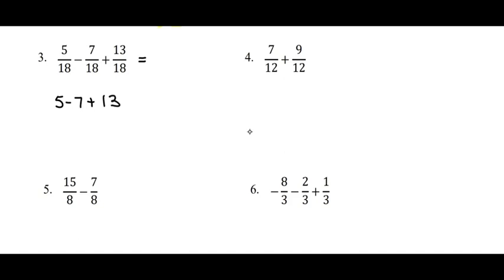So 5 minus 7 means 5 plus negative 7 plus 13. So you will have negative 2 plus 13 will give you 11. Okay, so you have 11 in the numerator and you have 18 in the denominator. 11 and 18 cannot be reduced any further. So at this point, we are done with this problem, 11 over 18.